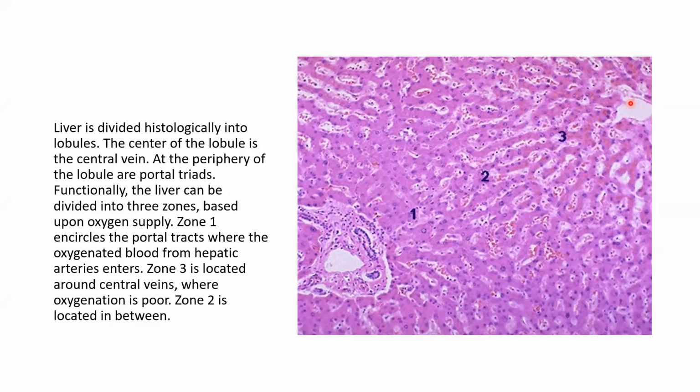And on the other side is the central vein. In between, as we said, zone number 1 is the closest to the portal tract, so it is closest to the oxygen supply. Zone number 3 is the farthest from the blood supply and the least oxygenated part of the liver. Zone number 2 is in between the two.